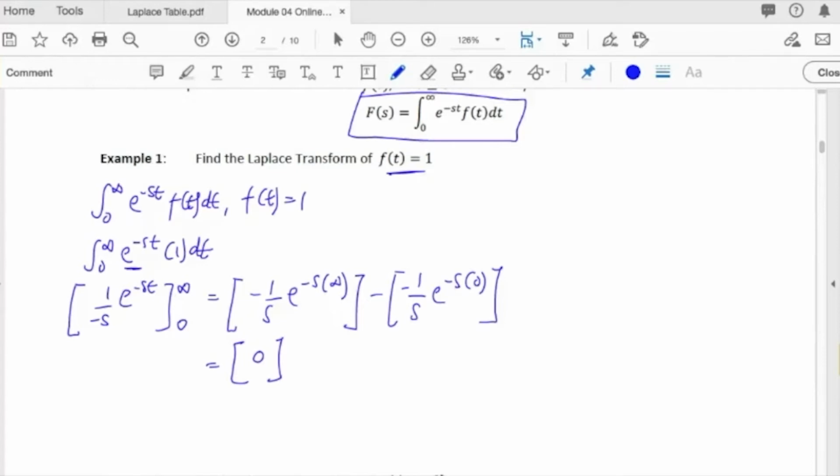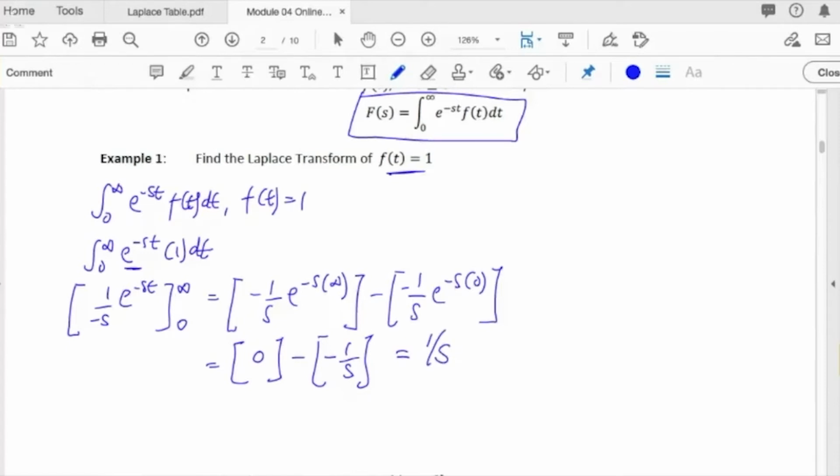Then minus, if you have e to the 0, you get 1, so this whole thing becomes negative 1 over s. So finally, you will have 1 over s.